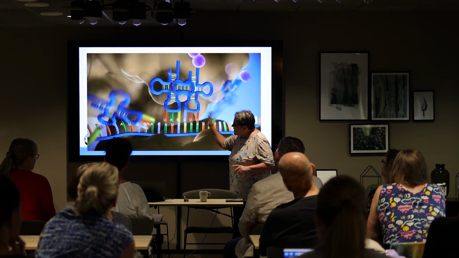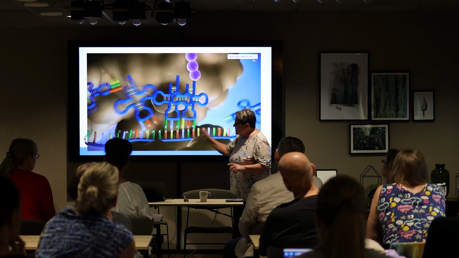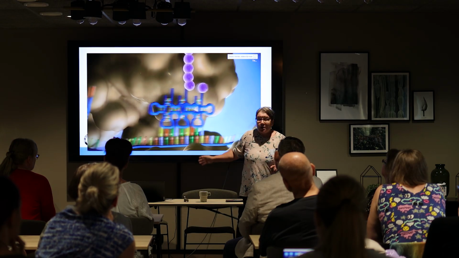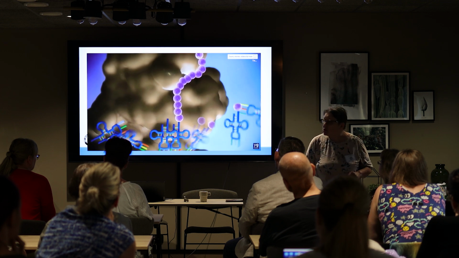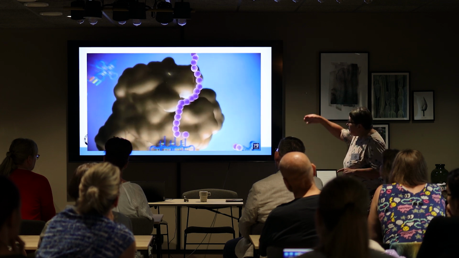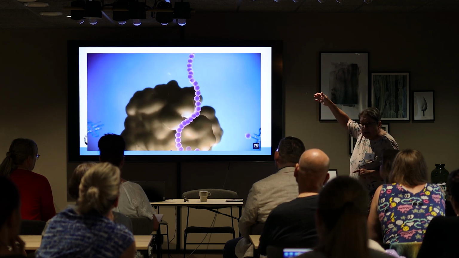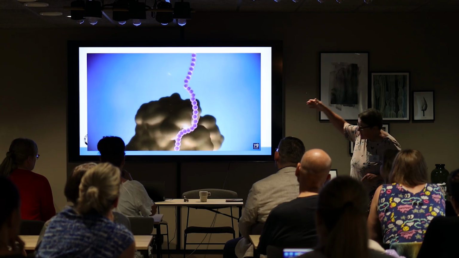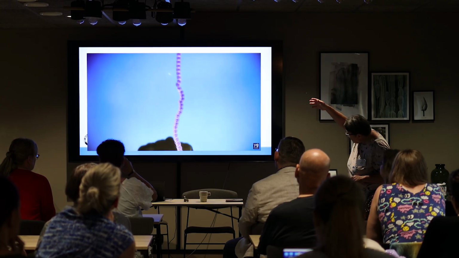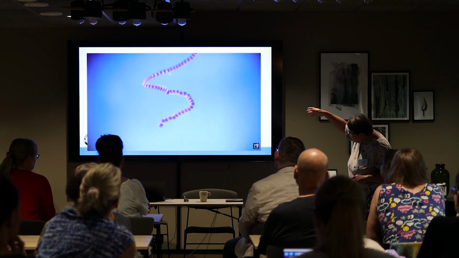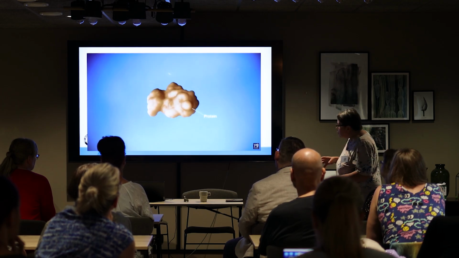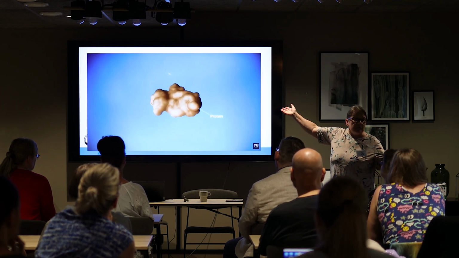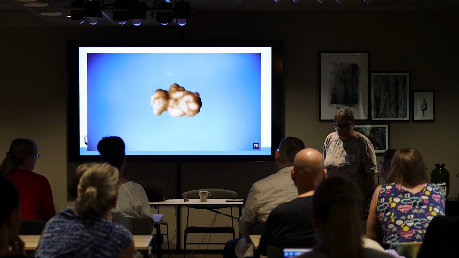And now they are reading this copy of the messenger RNA, and this reading process is called translation. And now we get these amino acids. This is a polypeptide chain, which is taking place here. And then it is getting a three-dimensional structure, and voila, there we have a protein.